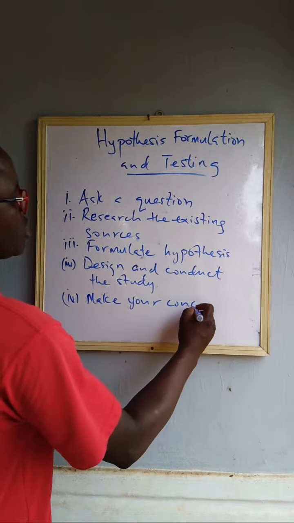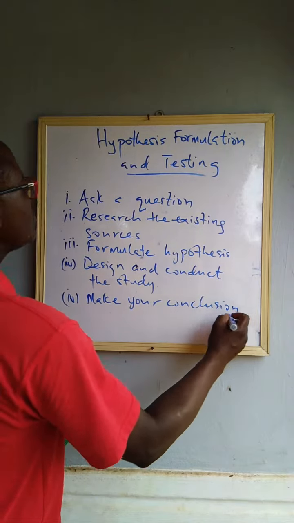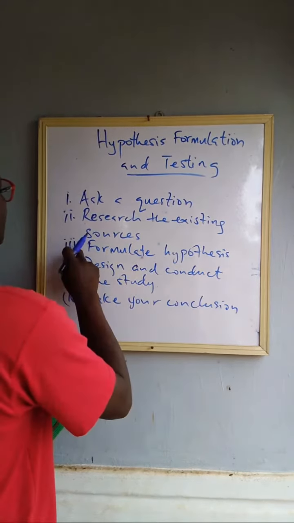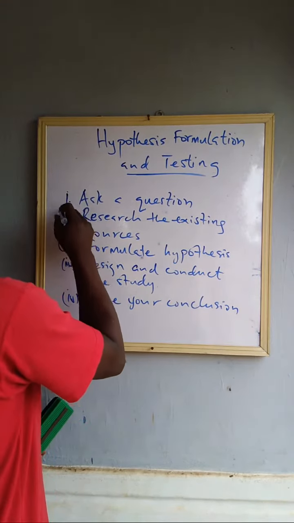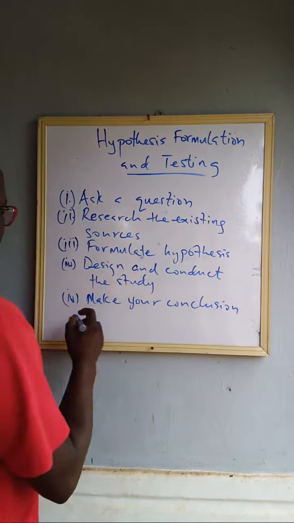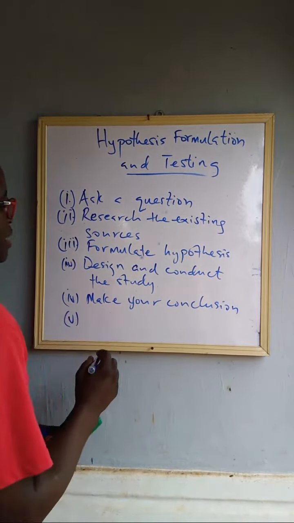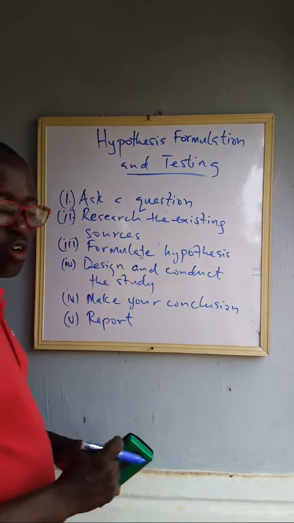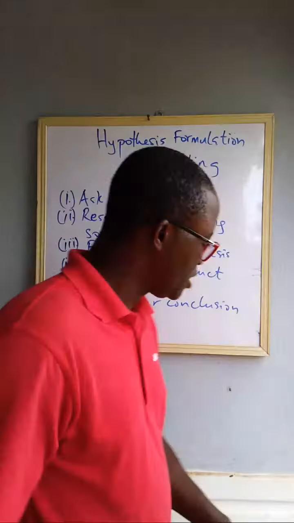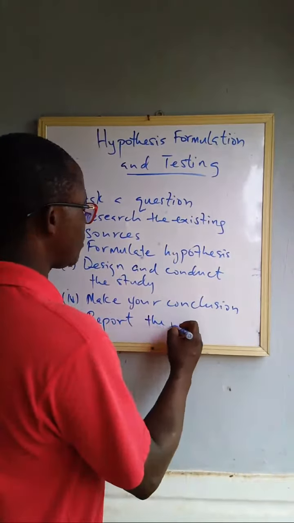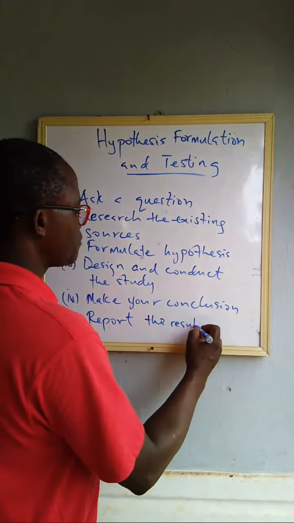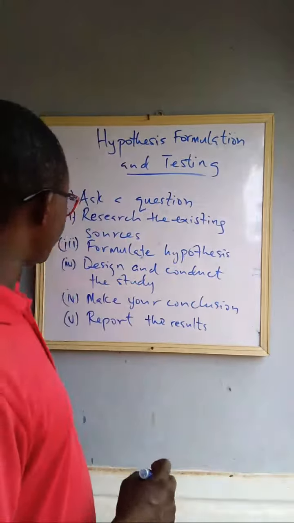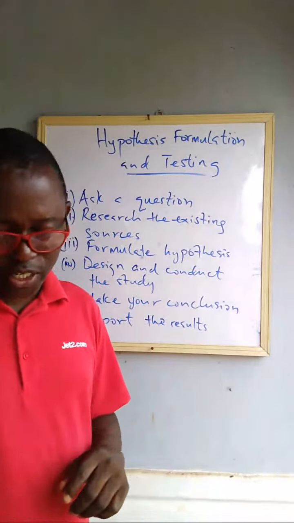Now your conclusion is based on the hypothesis you formulated. It's based on number 3. You are making a conclusion on your hypothesis. You will soon see what we mean by that. Then you now report. You make a report of what you have seen. You report the results. So those are the 5 steps involved in conducting research.